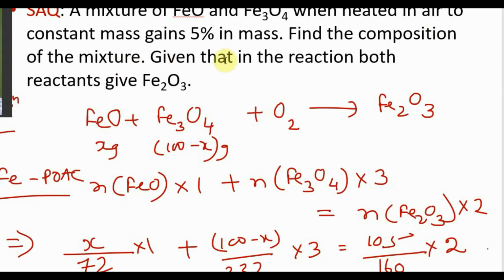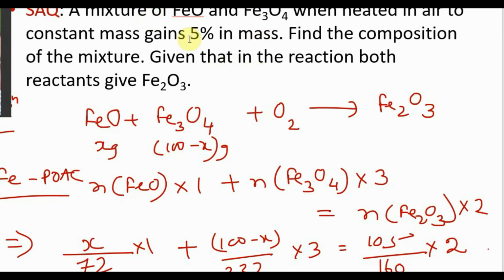When heated in air to constant mass, all the gases will go out. Only the mass after heating is due to this Fe2O3. And we have taken 100 grams as the mixture mass, so we are least bothered about what has happened to oxygen. We have taken 100 grams of this mixture, and when it was all converted to Fe2O3 and dried, with no oxygen, nothing, the dried mass was 105 grams.